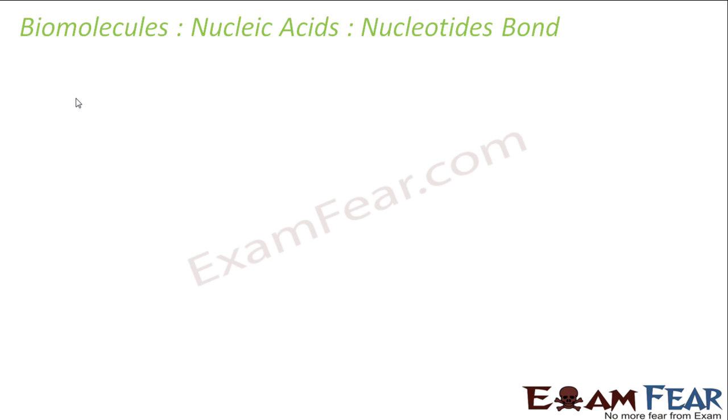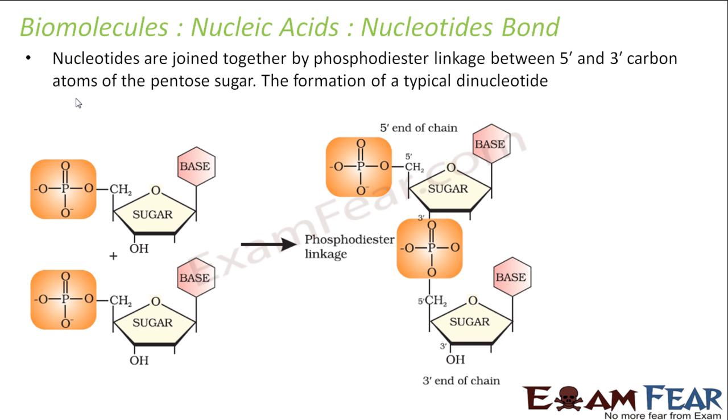Now we have a lot of nucleotides, and we have to form a chain of nucleotides. So there has to be a bond which connects these nucleotides. All these nucleotides are joined together by phosphodiester linkage, between carbon 5 and carbon 3. This is my nucleotide, and this is my nucleotide. Each has a base, sugar, and phosphate. These two nucleotides are joined by a phosphodiester linkage between carbon 5 and carbon 3.